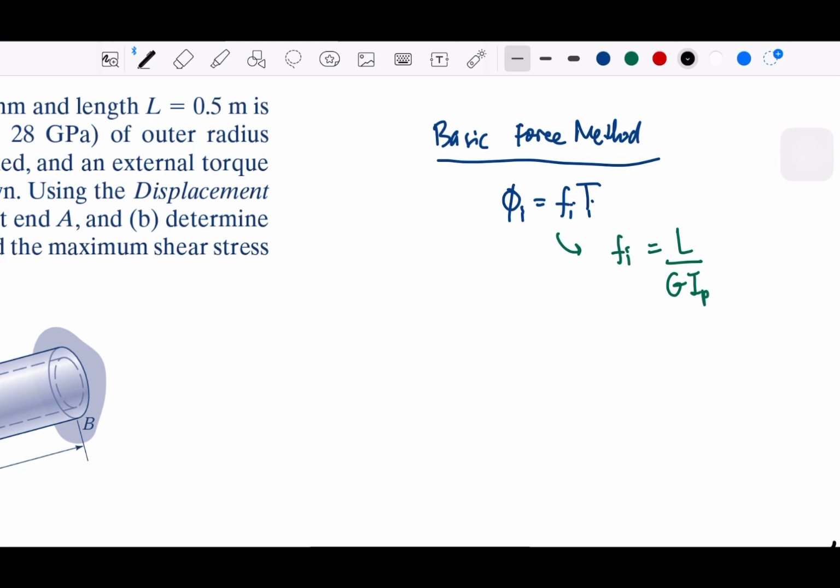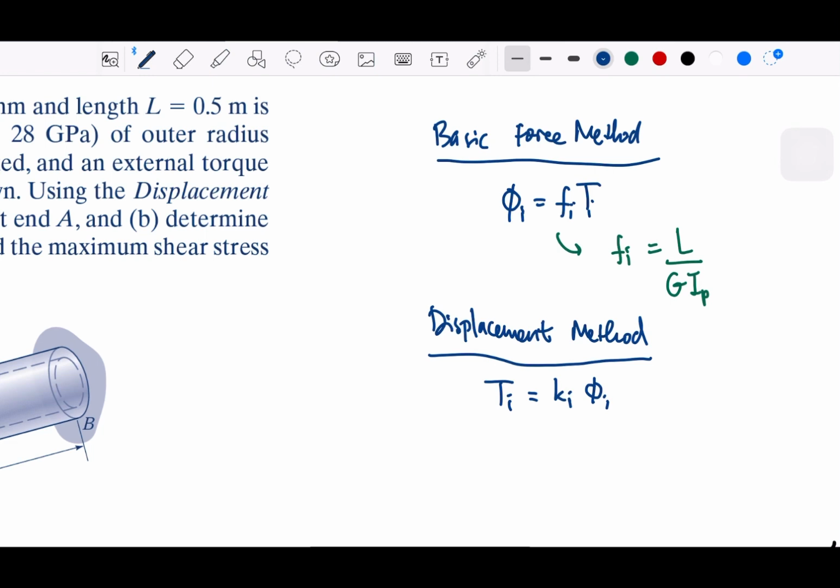In displacement, we are going to write down the same formula, but in terms of T. So Ti equals K times the twist angle.